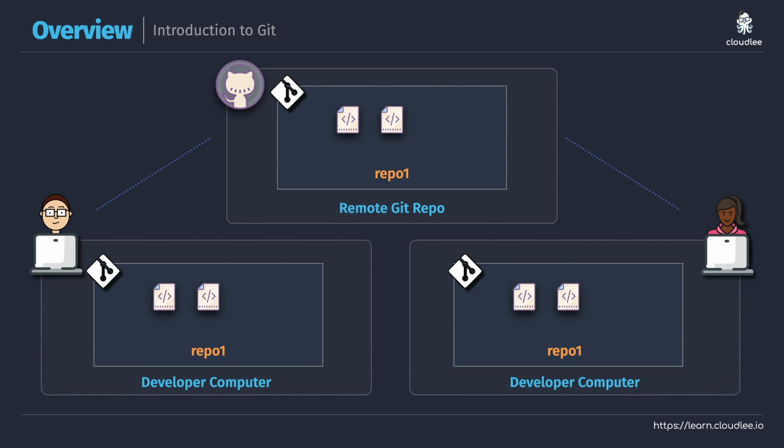What is going to happen with Git is you're going to have multiple users accessing that one remote repository. When they do so, they're going to have a full copy of that source code, including all the edits, all the revisions, all the history, and the ability to roll back changes that have been made. Really, you've got an entire copy of that source control system on each of the developer computers.